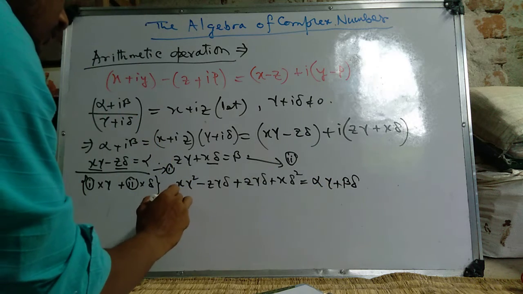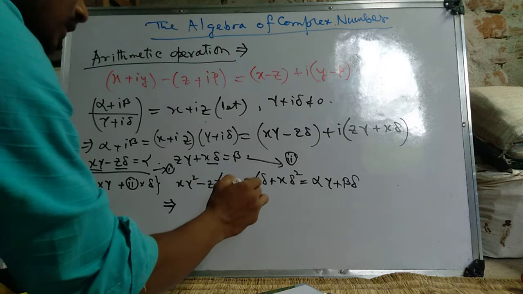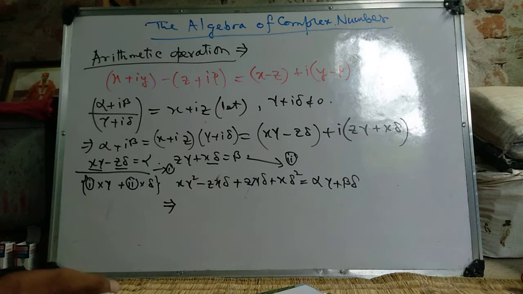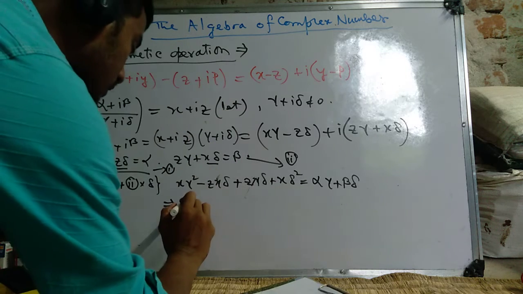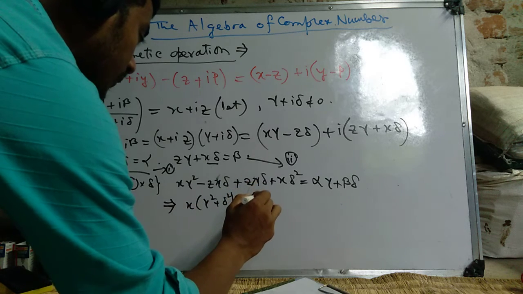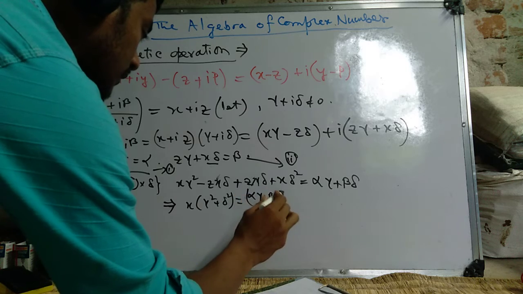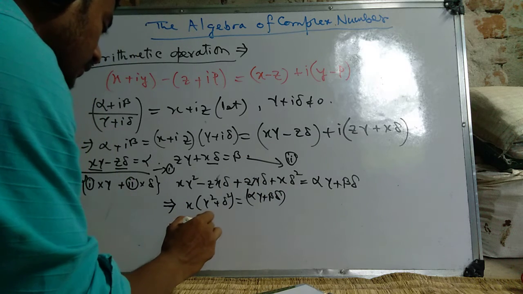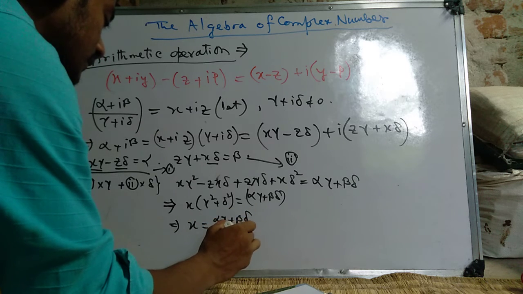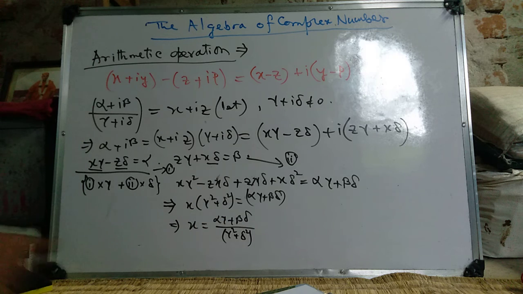Then we find this cancels, plus and minus give 0 result. Then we take x common: x times gamma square plus delta square equals alpha gamma plus beta delta. Then x equals alpha gamma plus beta delta divided by gamma square plus delta square. That means the first one is done.